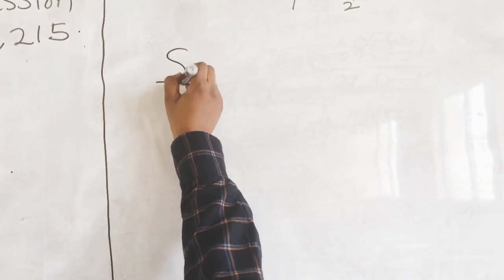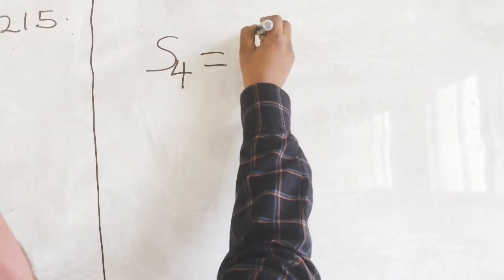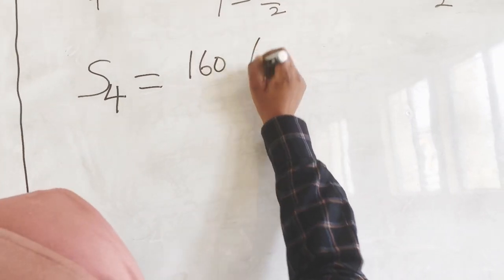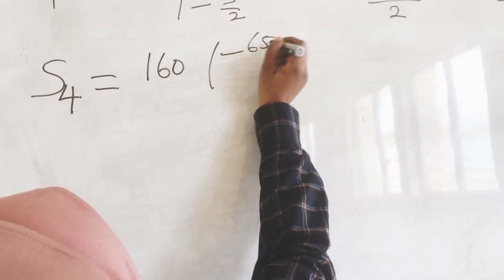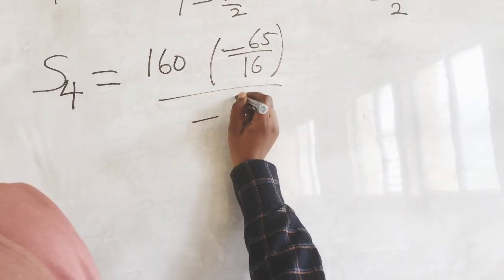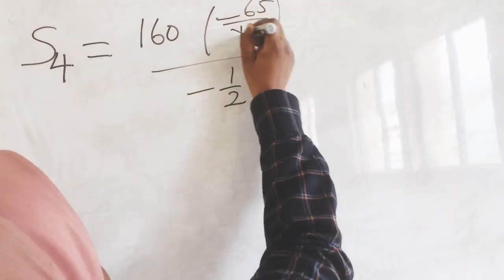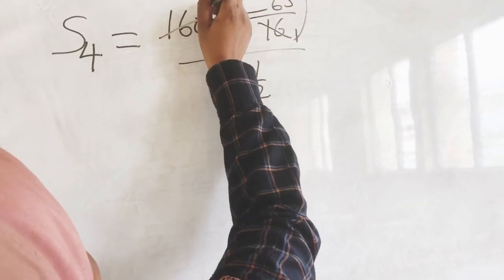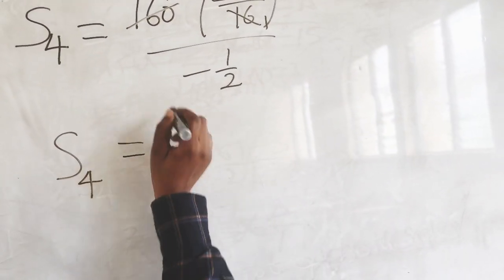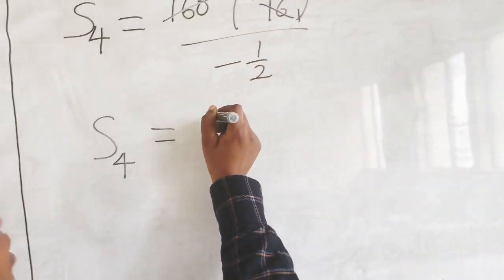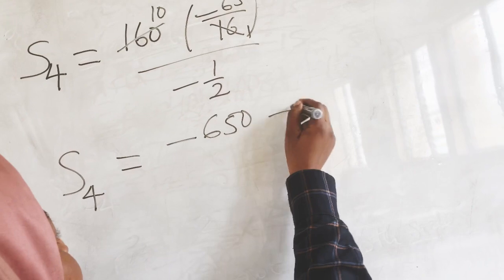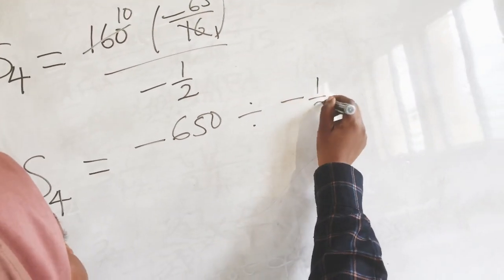So S subscript 4 is equal to 160 multiplied by minus 65 divided by 16, everything over minus 1 over 2. So 16 into 160 is 10. So S subscript 4 is equal to 10 times minus 65, which is minus 650, divided by minus 1 over 2.